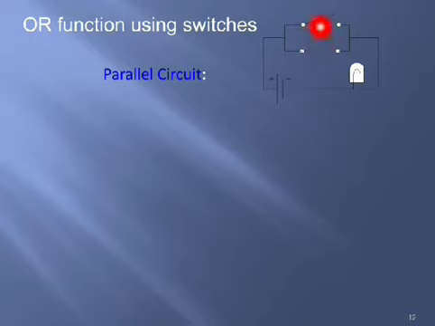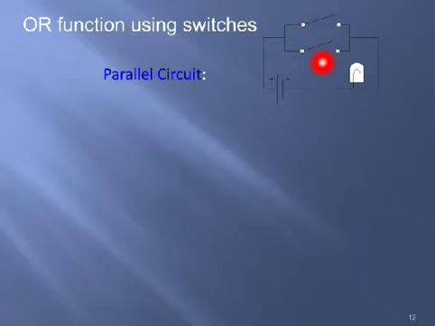Based on the status of these switches, whether they are open or closed, for the different combinations of the two switches, the lamp will either glow or not glow. Either the lamp will be turned on or turned off depending upon the status of the switches.